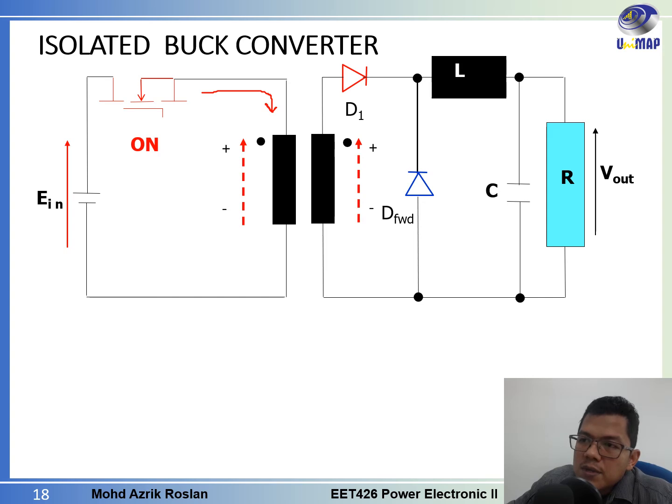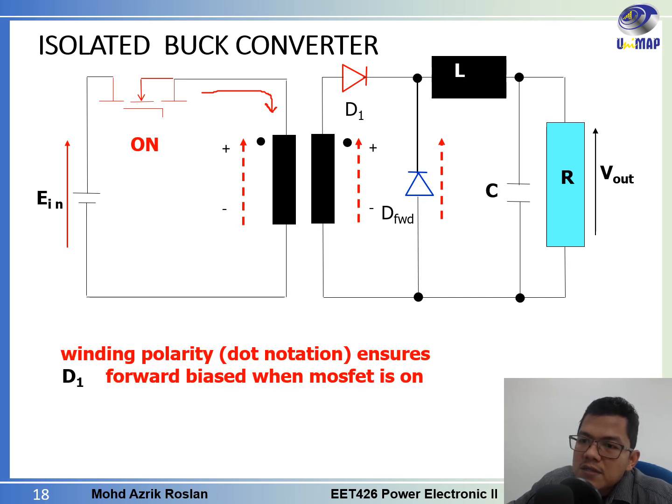Because this one is positive, we have the diode here. It means that the first diode here will be forward biased, because we have the positive voltage at the anode terminal.